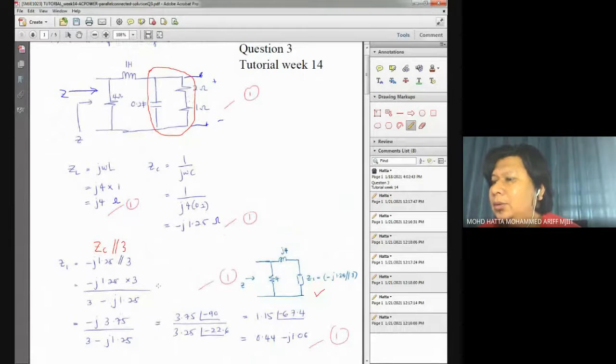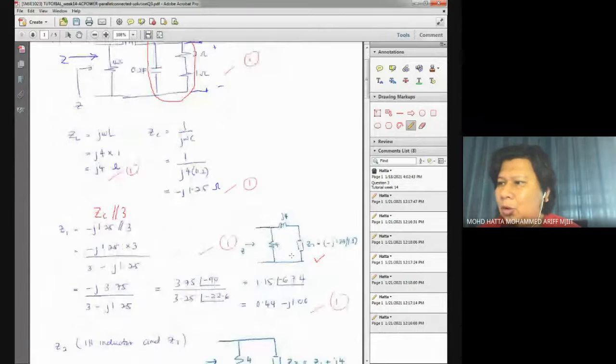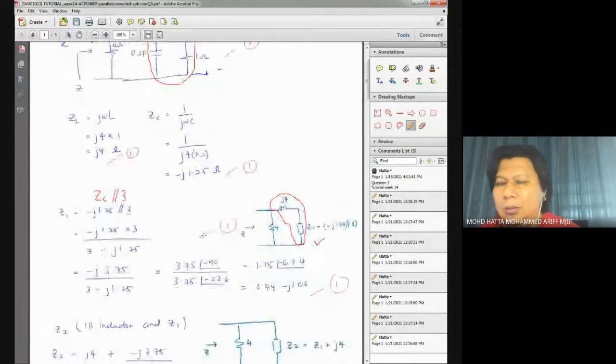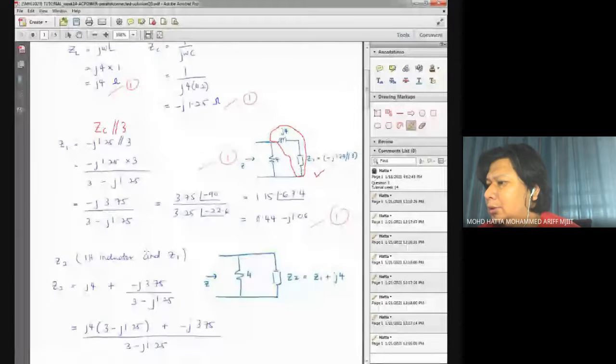Later on, when you combine ZC and the 3 ohm resistor, you may find that these two are in series, so you can combine it one more time using the series combination of elements. So Z2 is given by Z1 plus j4.